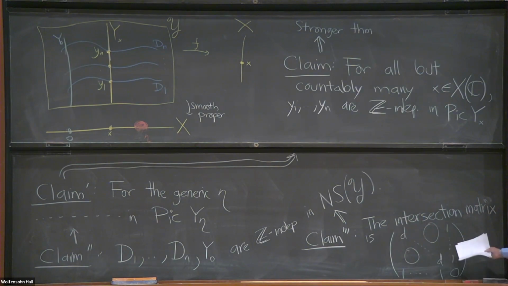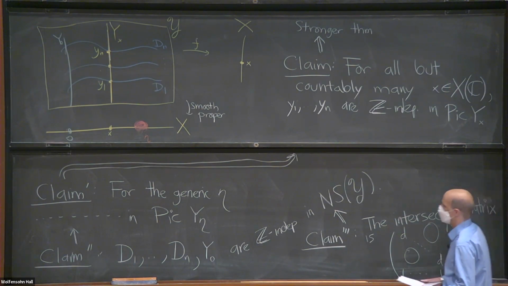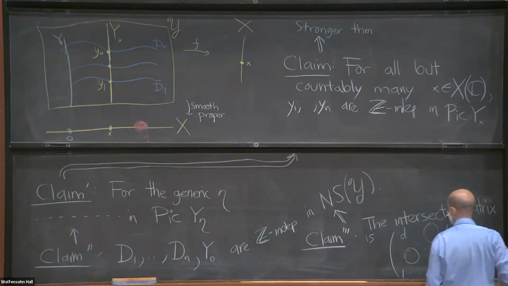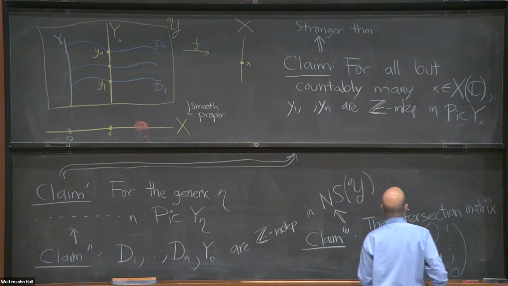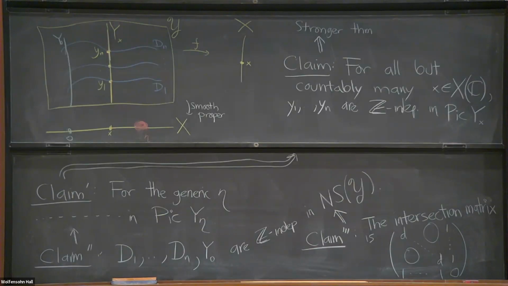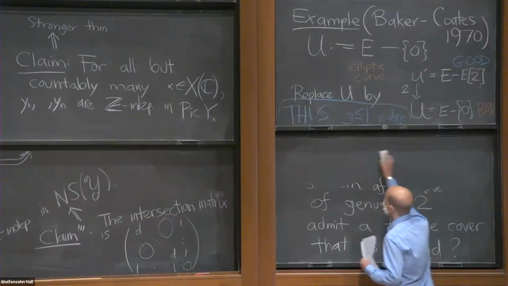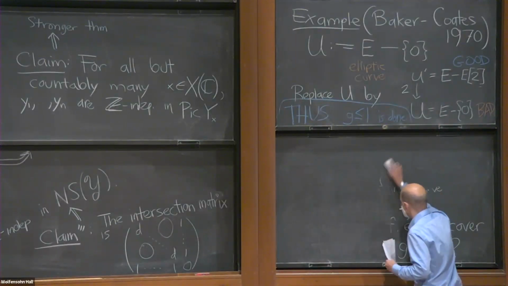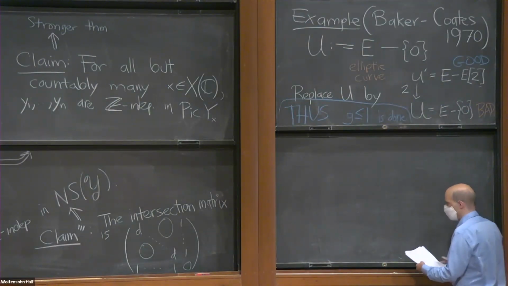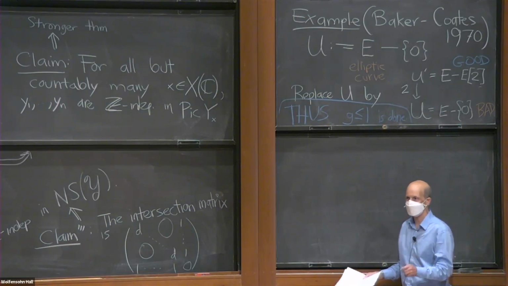If you're good with determinants, you can figure out what the determinant of this is. Up to a constant, it's a power of D, where D is the self-intersection of each of these divisors. And if you compute that number, fortunately, it turns out to be non-zero, at least when G is greater than 1.